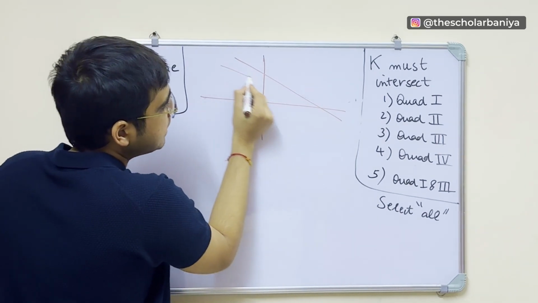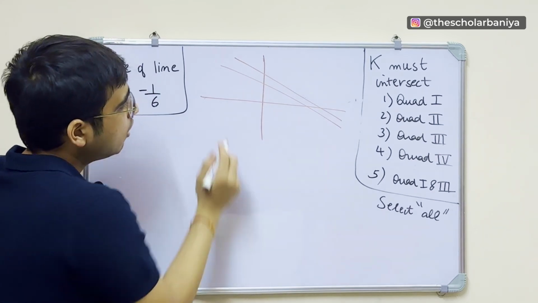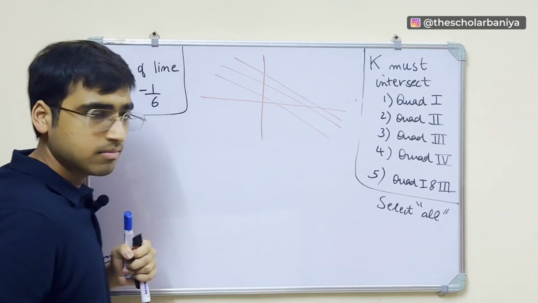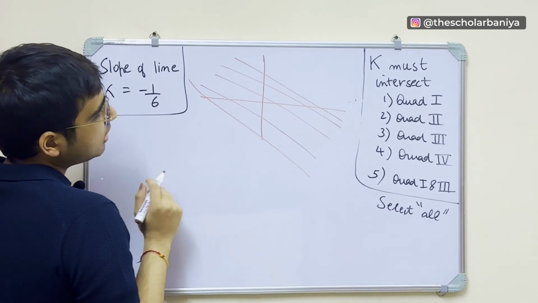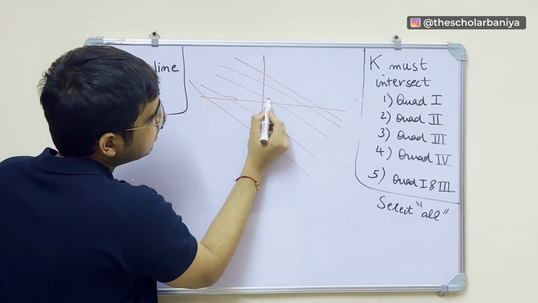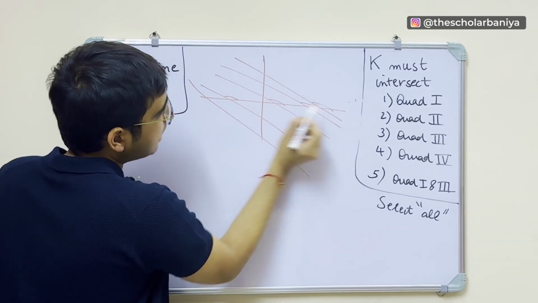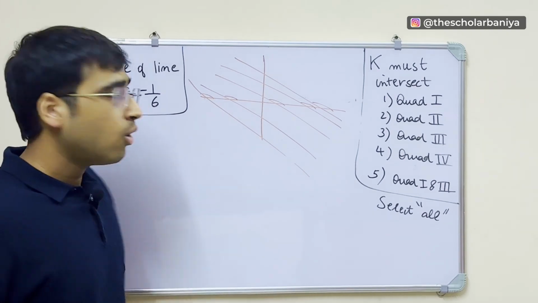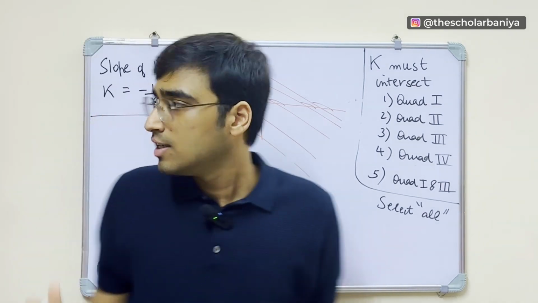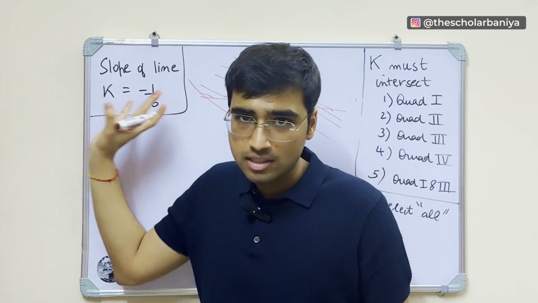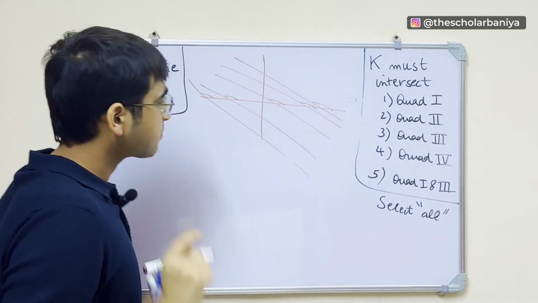Or it can be something like this, or this, or this. In all these cases, these angles are greater than 90, so the slope will be negative. So we are satisfying the given condition.